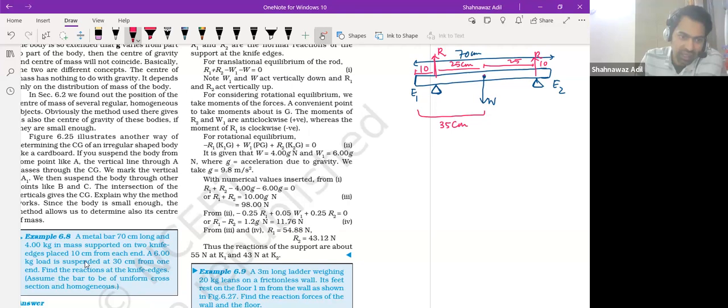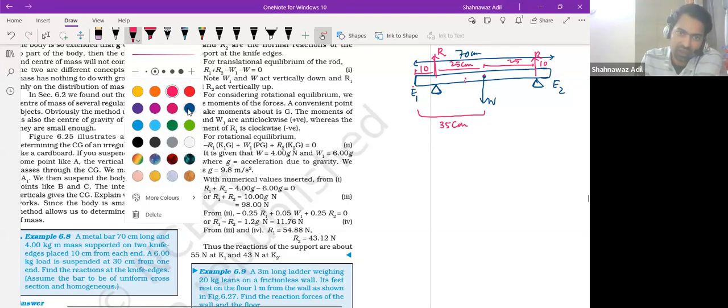And a 6 kg load is suspended at 30 centimeters from one end, right? So the 6 kg load is suspended at this point. From here to here is 30 centimeters, so from here to here, how much would that be?